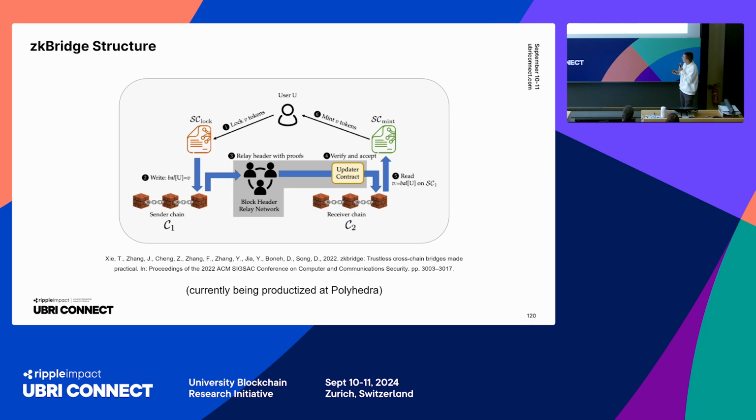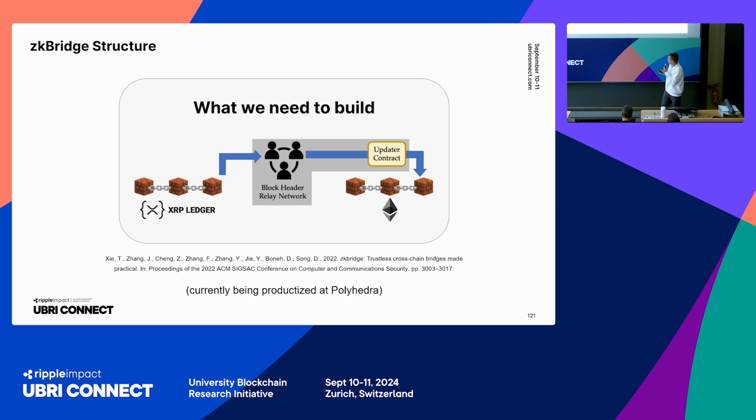Okay, so from an implementation perspective, when you think about how to implement a bridge, you mainly think about this part. We want to implement the part that basically sends the information that, hey, this blockchain has a block that has this specific header. And here we have the way from XRP to the EVM sidechain, but we can also have, and we want to have, the other way around.